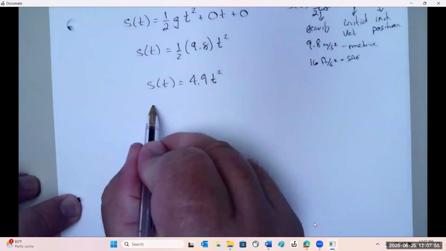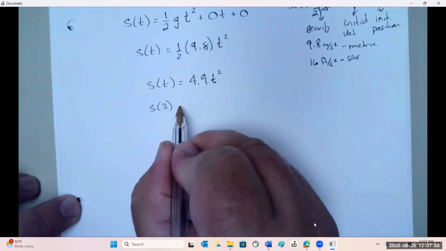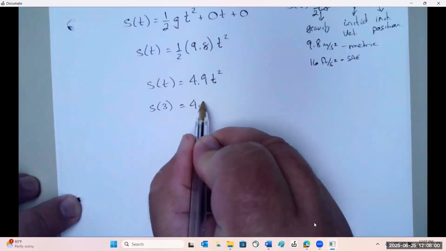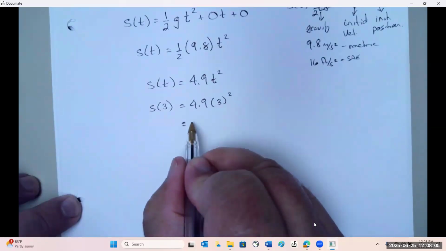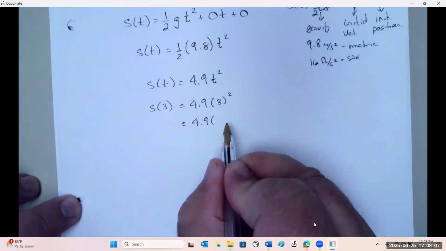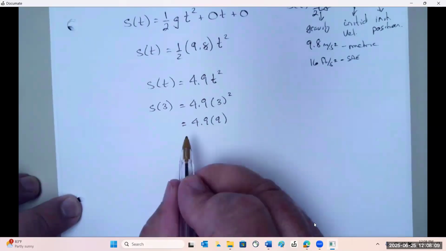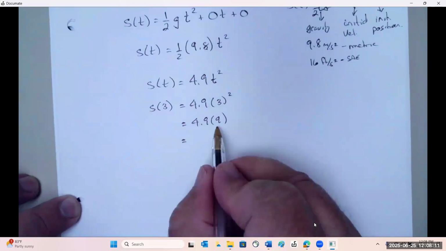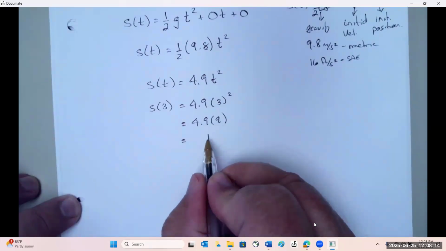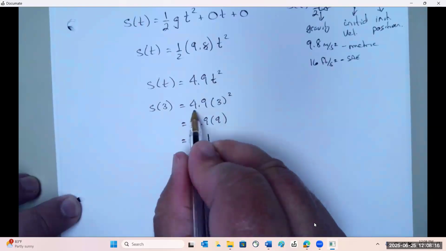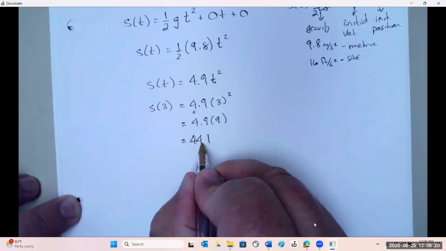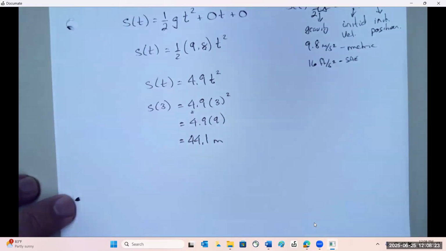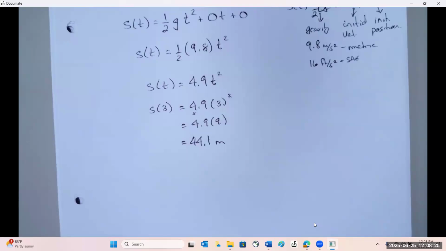So when t is 3, we get 4.9 times 9. 9 times 9 is 81. 4 is 36. 36 plus 4 is 44.1 meters. So that's how many meters it fell in the first 3 seconds.